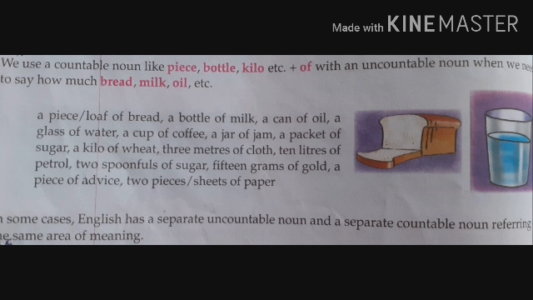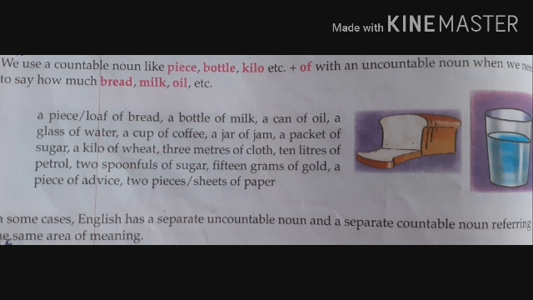From these words, we can use a piece of bread, a loaf of bread. We can use a bottle of milk. We can't just say a milk. A bottle of milk means that particular bottle.